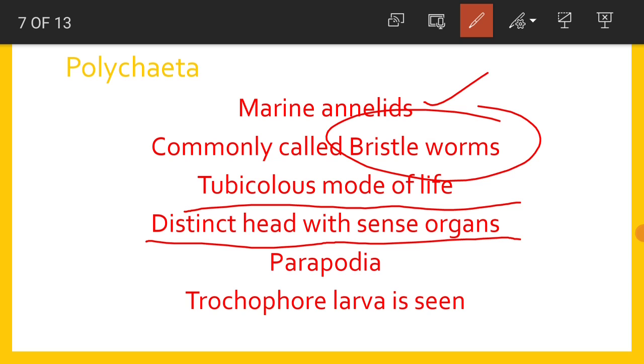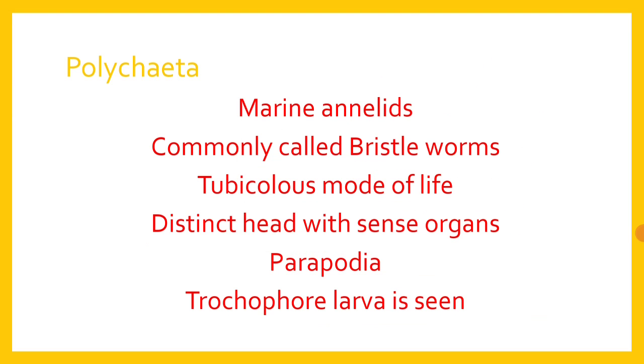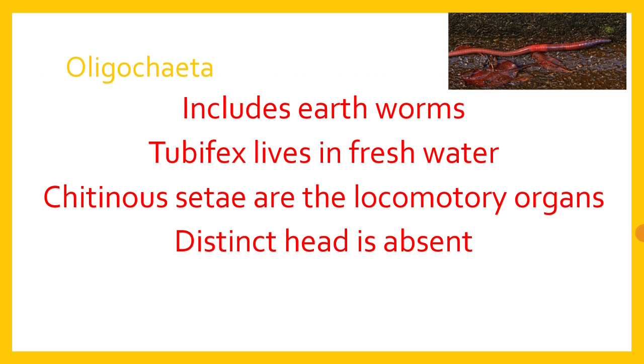In earthworm you don't find any conspicuous head. And parapodia are the locomotory organs, and trochophore larva is seen in these polychaetes. And examples are like this: Nereis, commonly called sandworm or ragworm or clamworm. Other examples are Aphrodite, which is called sea mouse, and Arenicola, which is also commonly called lugworm.